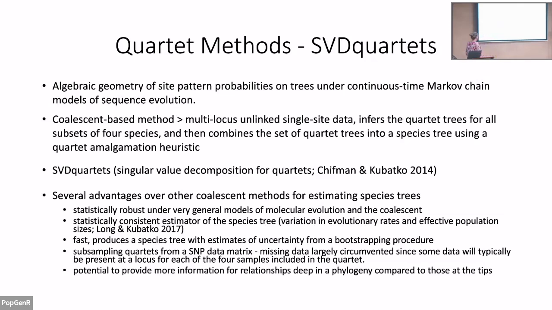You can look to their papers, but it's statistically robust under general models of molecular evolution and the coalescent. It produces a species tree, and you get support with bootstrapping. And it seems to have the potential to provide more information for relationships deeper in the phylogeny because of this quartet-based approach.